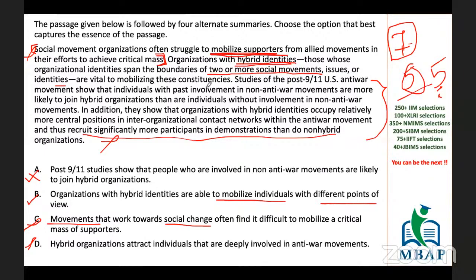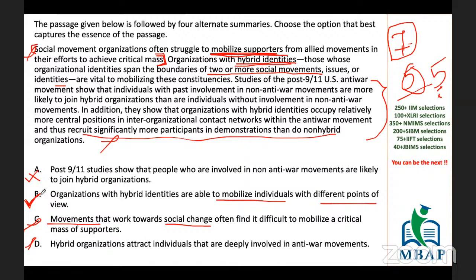I explained what they are, and then I came to a conclusion that these organizations are the kind of organization which are able to mobilize individuals. Okay, so despite this is also not an appropriate summary, I have all the valid reasons to eliminate. This is not covering, whereas this is covering. So I have better options, which is B. So that's why I'm gonna go with B.